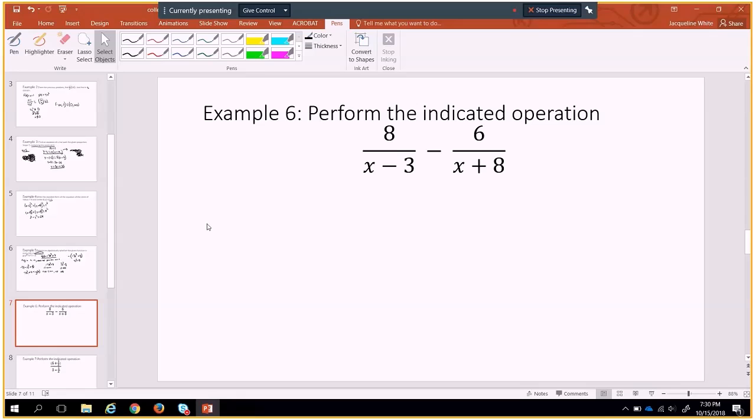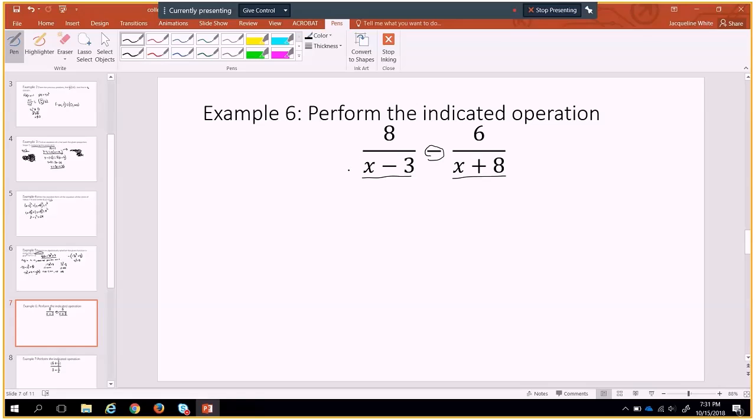All right. So moving on, we have 8 over x minus 3 minus 6 over x plus 8. And that is the question of perform the indicated operation, right? The indicated operation is this subtraction. So if we want to do that, the first thing that we need is to have both denominators be the same exact thing.